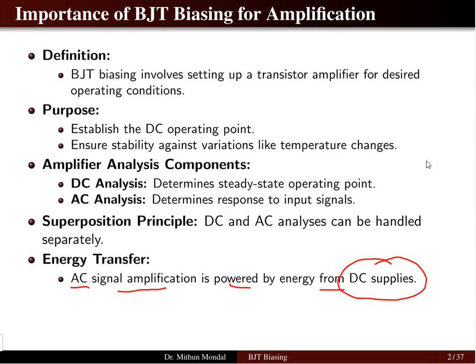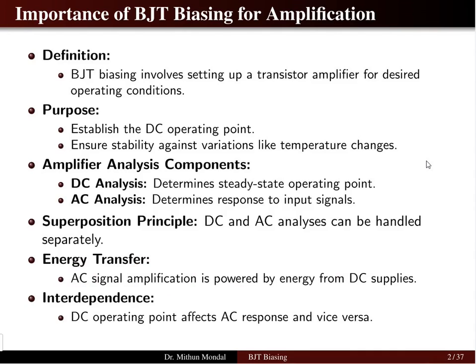So the DC supply is a must for the BJT operation, and it will amplify the signal which is the input, that is the AC signal. So the interdependence: the DC operating point affects the AC response and vice versa. Whatever DC supply we are giving and the point of operation will affect the AC response that we are getting, and it is vice versa also.